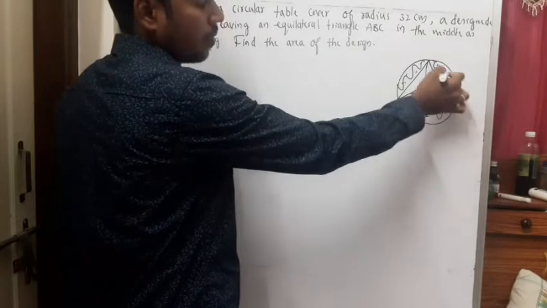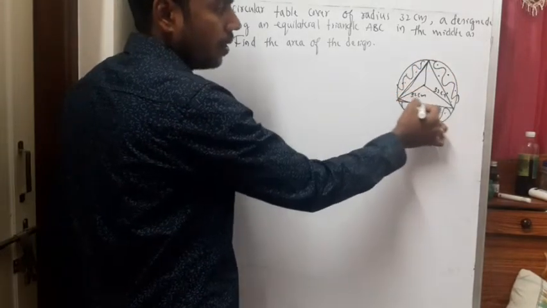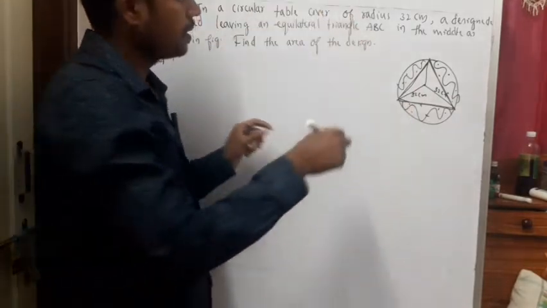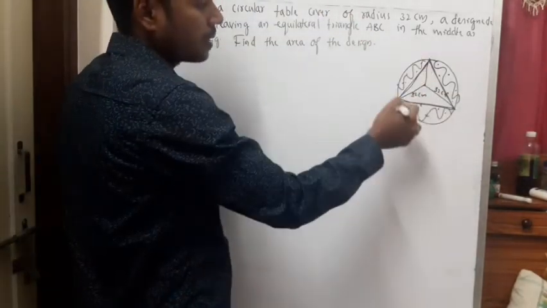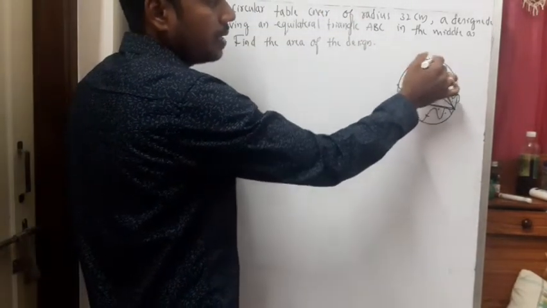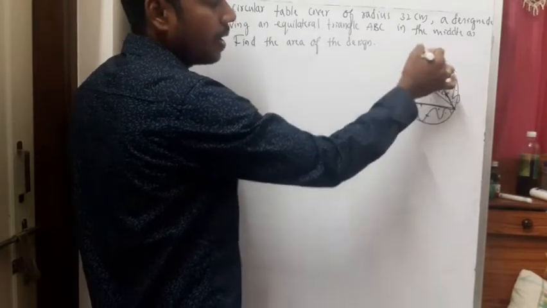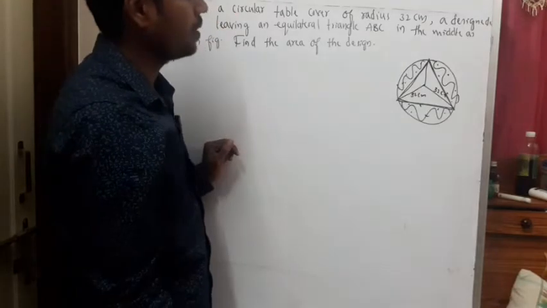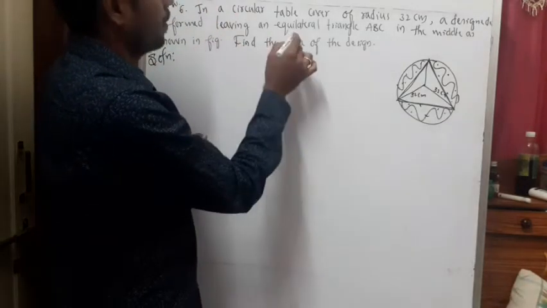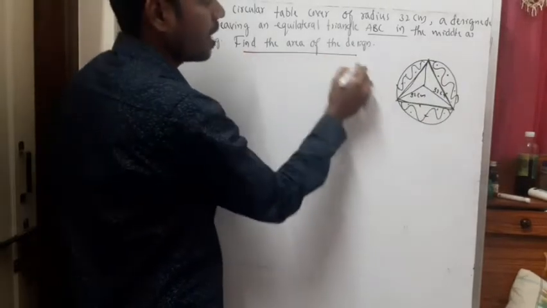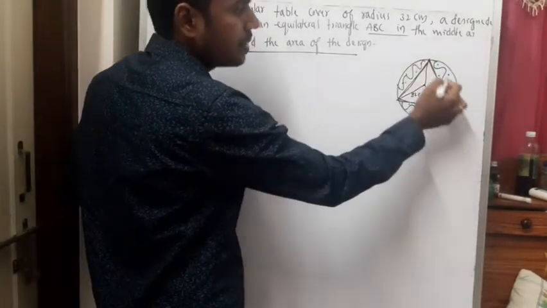There is a table cover of circular shape, and the design is drawn across, leaving an equilateral triangle at the center. ABC is in the middle, as shown in the figure. Find the area of the design.